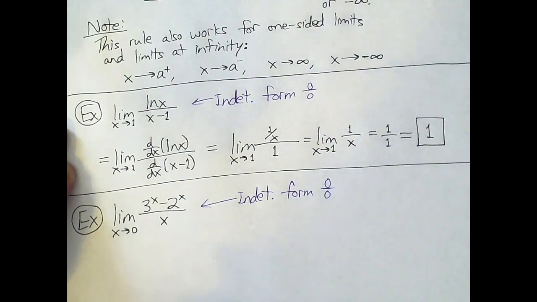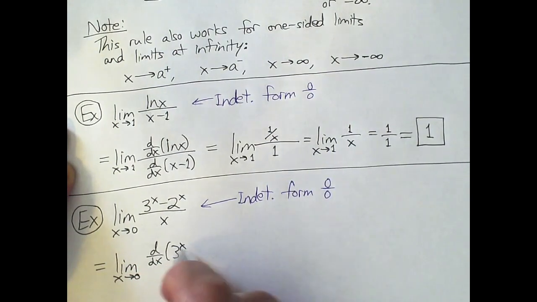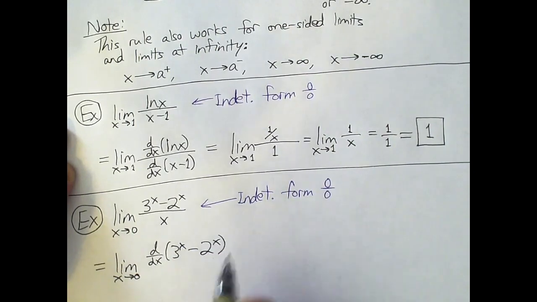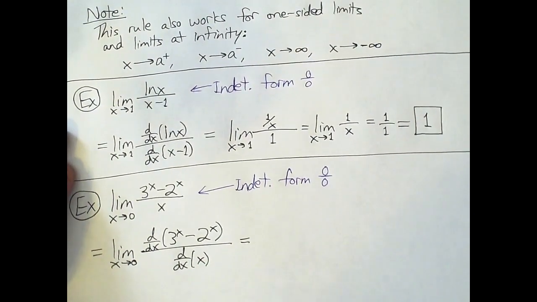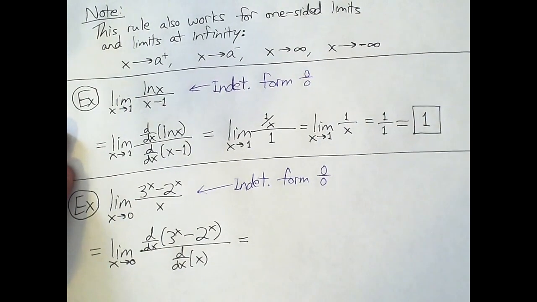So L'Hopital's rule does apply, meaning this equals the limit of d dx of the top over d dx of the bottom. These two limit problems are ones that I couldn't really give you at the beginning of the semester because we didn't have this trick yet.